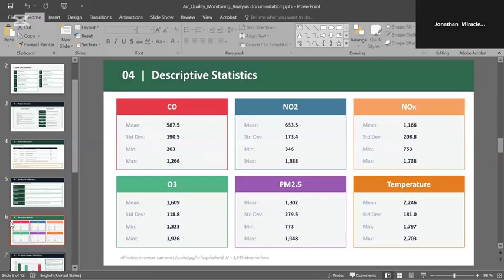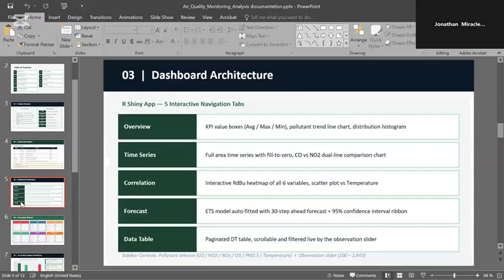Looking at the dashboard architecture, the Shiny app is organized into 5 interactive tabs. The Overview tab has KPI value boxes for average, max, and mean, a pollutant trend line, and a distribution histogram. The Time Series tab shows a full area chart filled to zero plus a carbon monoxide versus nitrogen oxide dual line comparison.